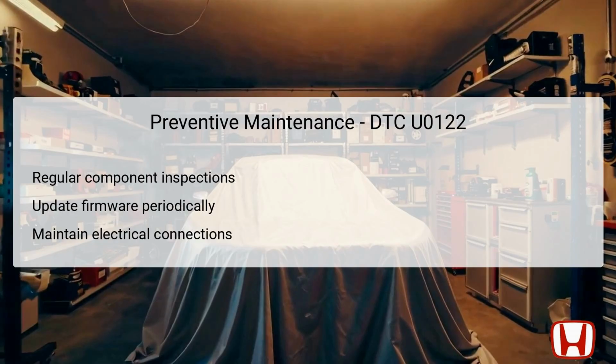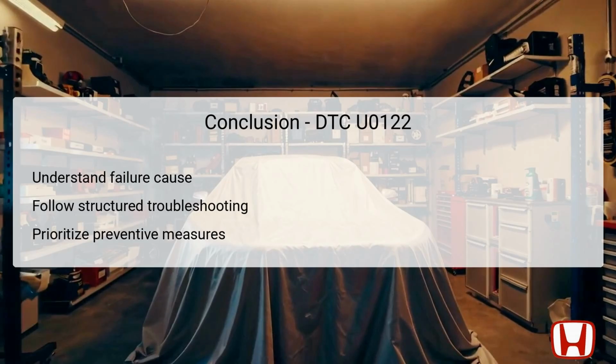Odyssey. In conclusion, understanding DTC U0122 involves recognizing it as a communication failure between the PCM and VSA Modulator-Control Unit due to an electrical issue. A structured troubleshooting process is critical, beginning with diagnostic checks, followed by addressing potential causes such as software updates and connection integrity.